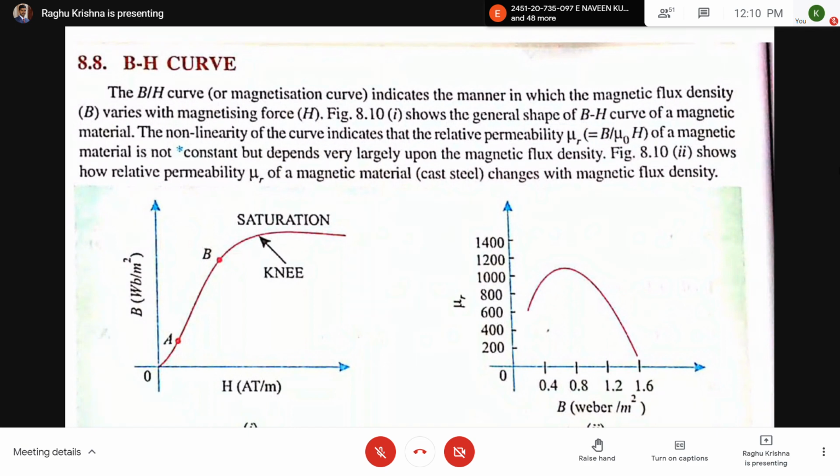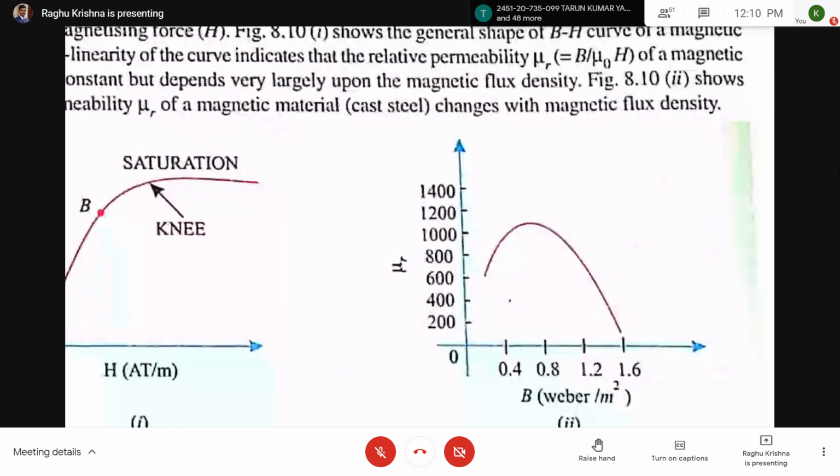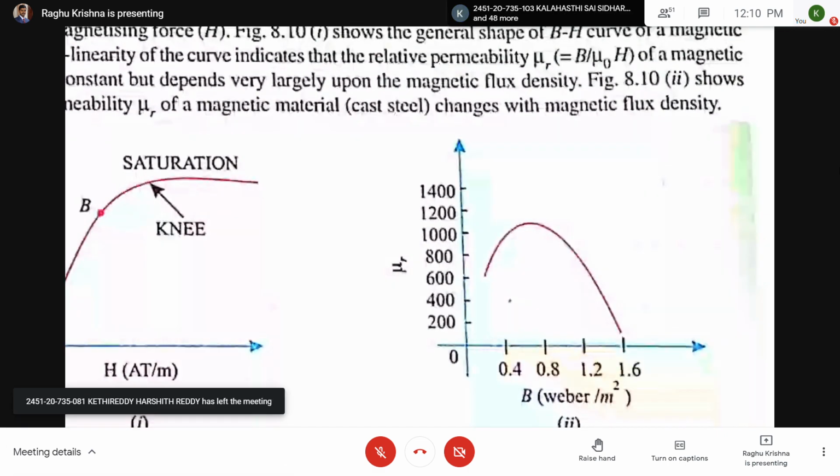Next you have the figure B. It shows how the relative permeability mu r of a magnetic material changes with magnetic flux density. Here, in the second curve, the y-axis is mu r and the x-axis is B. So mu r changes with magnetic flux density.